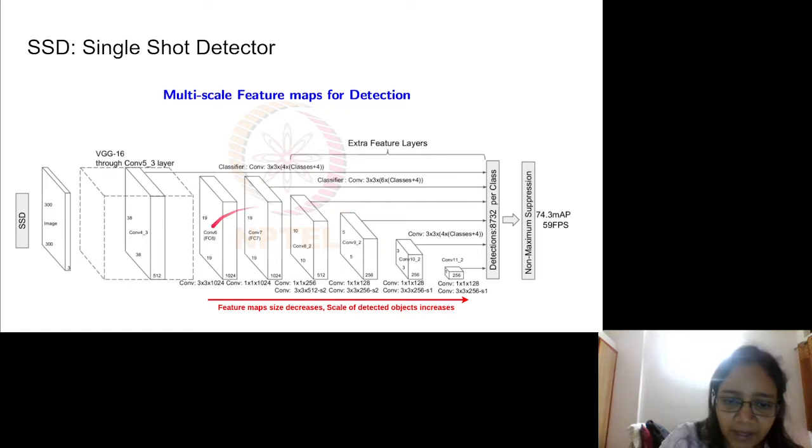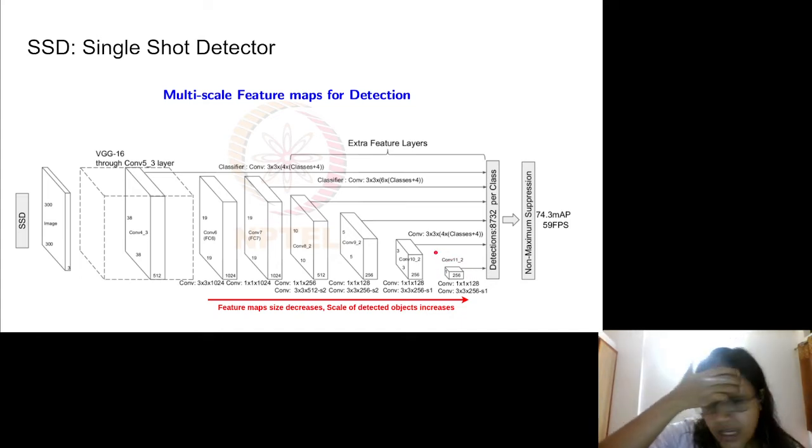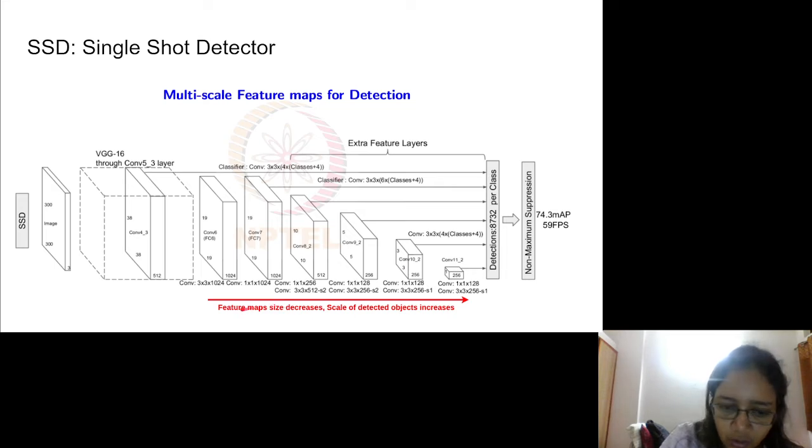They begin with that, and as you go towards the right, it starts looking at the holistic image, the whole image maybe. So in the initial part of the network, it's probably detecting small scale objects, and as you go towards the right in this deep CNN, you are able to detect bigger objects. So that is what is being done here.